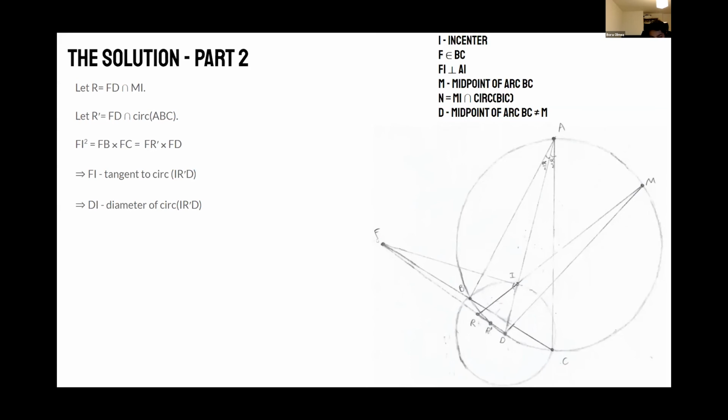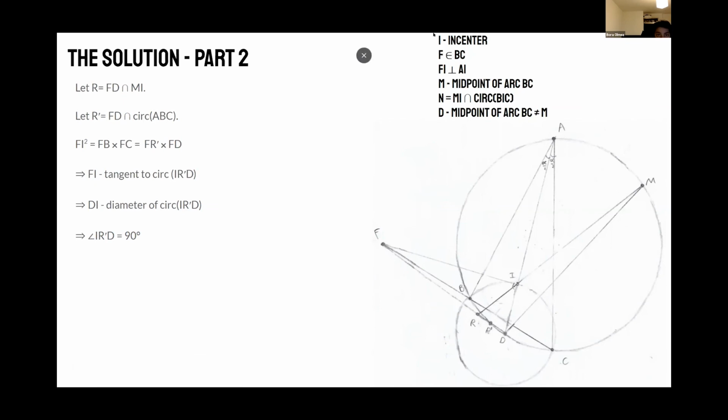So we have a tangent that is perpendicular to something, and it will be the radius, as it's an if and only if statement. So DI will be a diameter of this circle. And now we have that angle I, R prime, D is 90 degrees. This is the only time where we use the diameter, as DI is a diameter of the circumcircle of D, R prime, I. And therefore angle I, R prime, D will be 90.